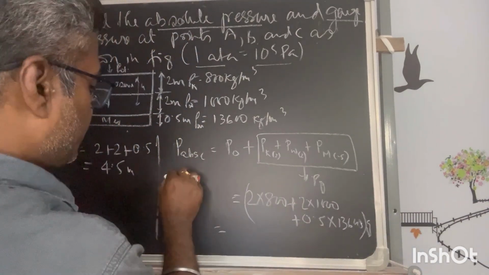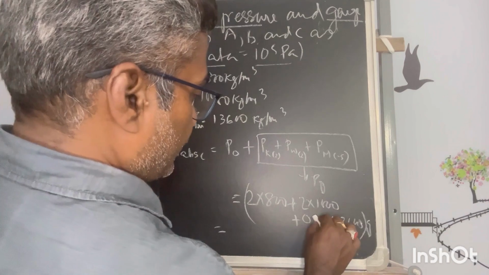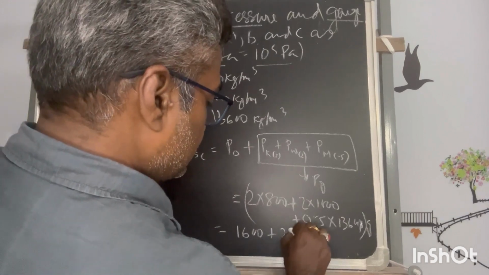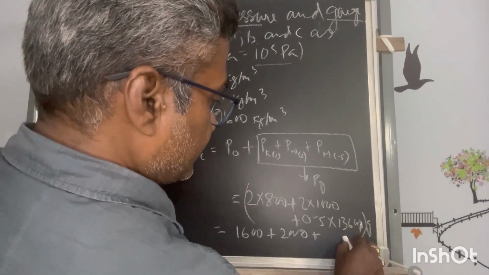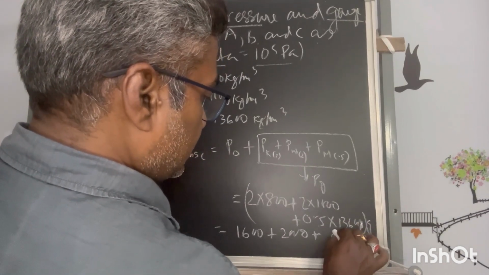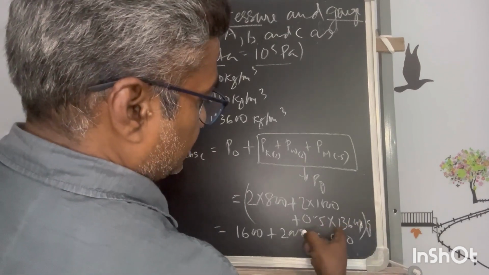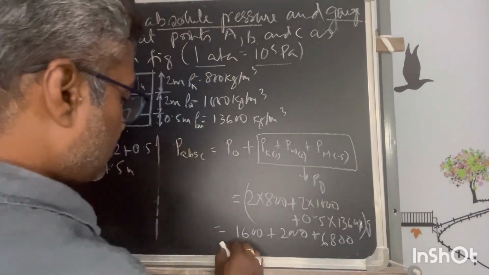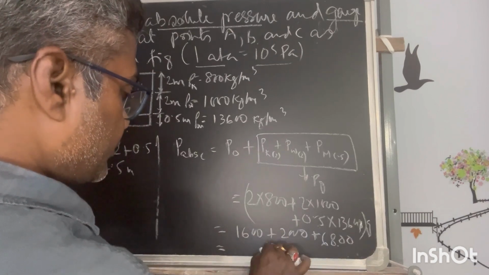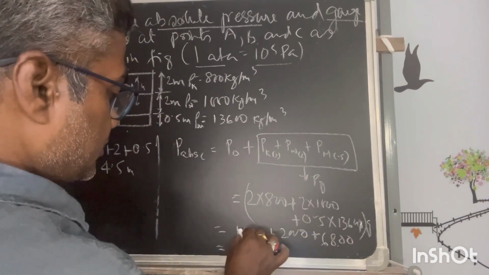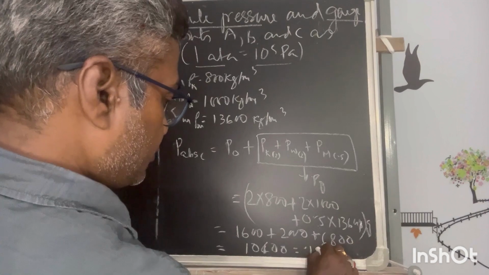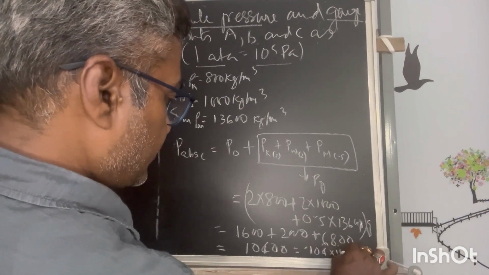So that is equal to 1.6 into 1000 plus 2000 plus 680, and all total this comes out, if I convert, to 1.04 into 10 to the power 5 Pascal.